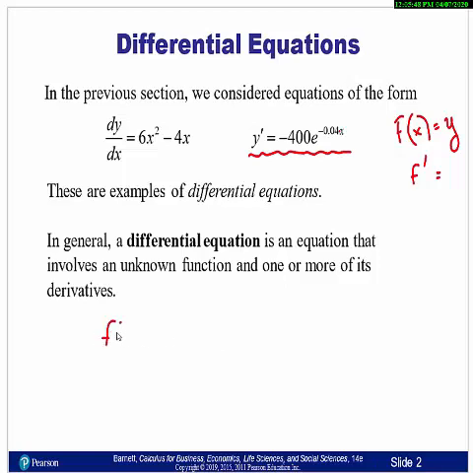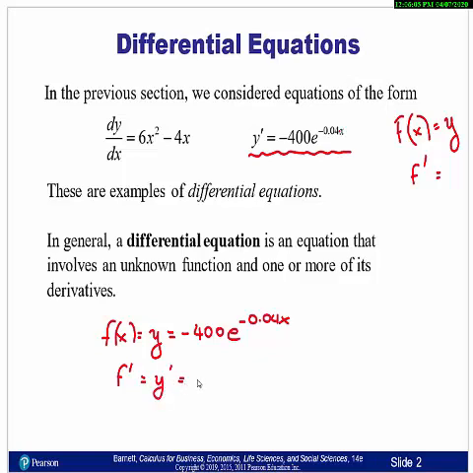If f of x is equal to, in this case, y equals negative 400 e to the negative 0.04x, then f prime, the derivative of that, would be y prime.